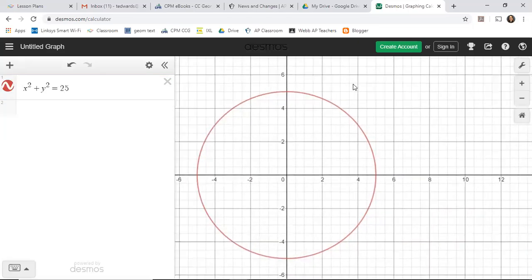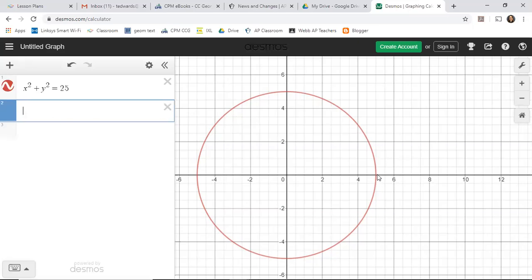And we know, of course, that that is a circle. That's the standard equation of a circle with its center where? At the origin. And a radius of, this is r squared over here, so that's 5. Radius of 5. This says that this circle goes through (5, 0) and (3, 4).